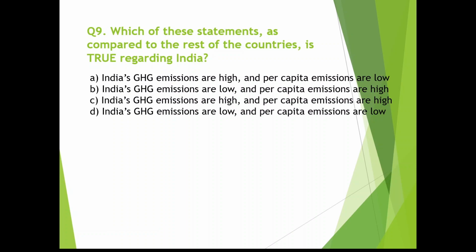What is the rank of India in greenhouse emissions? But what is its rank as per capita emissions? So which is the most appropriate answer out of the four options given below? Choose them and answer them in the chat box and mention 9 bracket A, B, C, D. It will be better to understand which answer you are giving for which question.